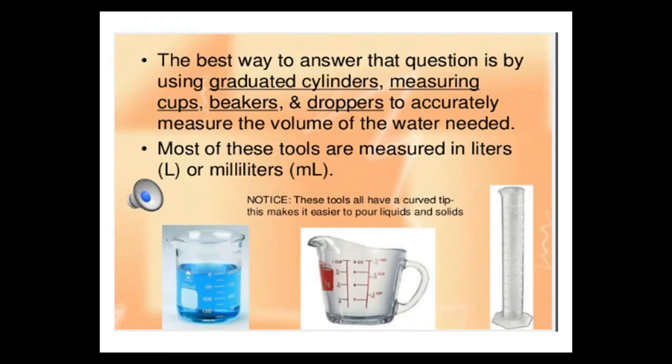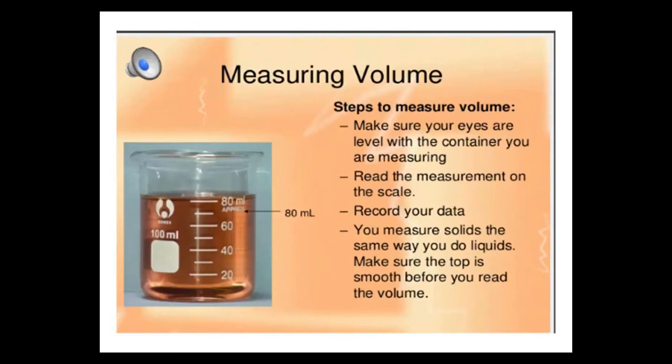Another thing is the measuring cup, used to measure different materials. These measuring cups are used at home and at the bakery. Then there is the measuring cylinder, used to measure different types of liquids.